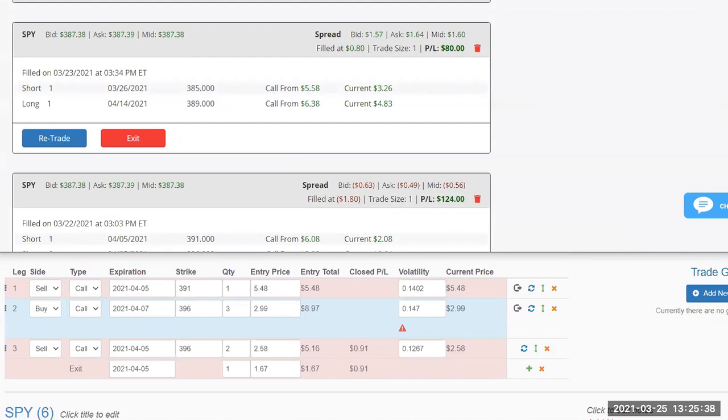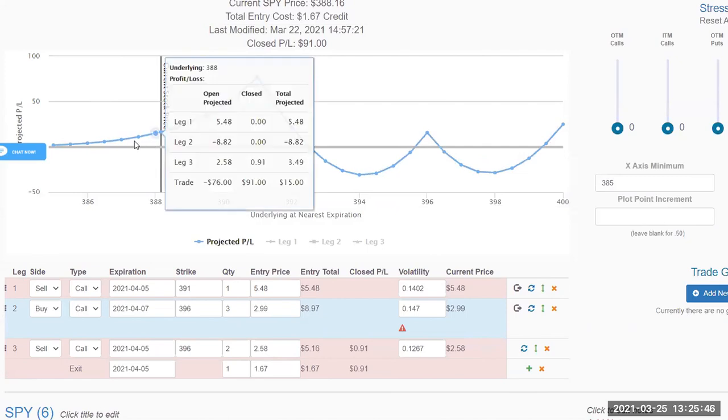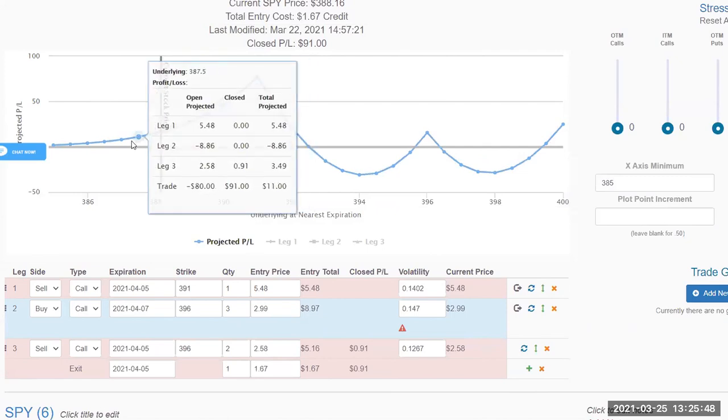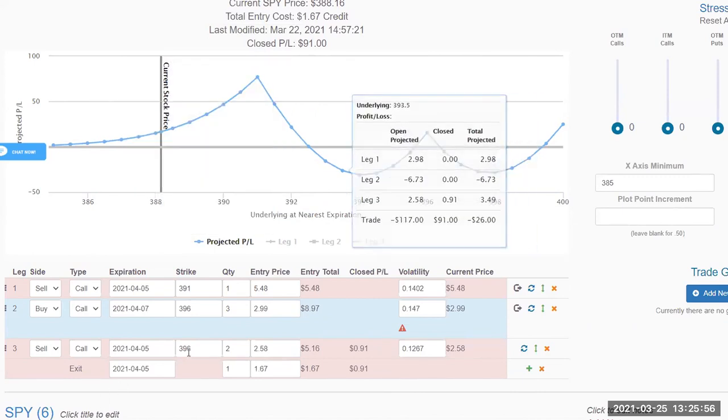All right, so let's switch gears. I wanted to at least address the trade that we got into on Monday and show you where it's at. Obviously, we're down here at 387.50, and most likely we're not going to get back up here to where we're going to be able to resell at 396.